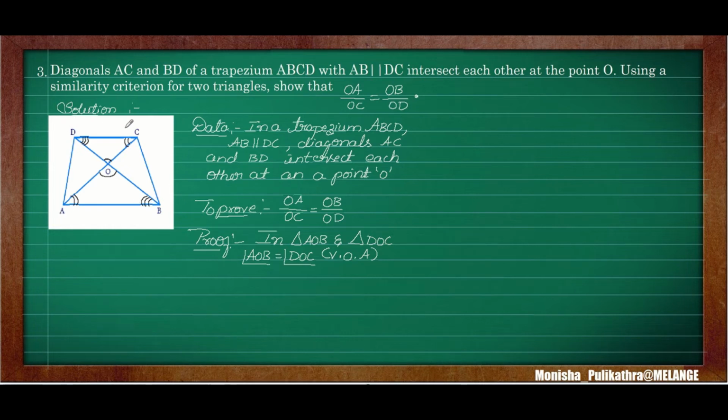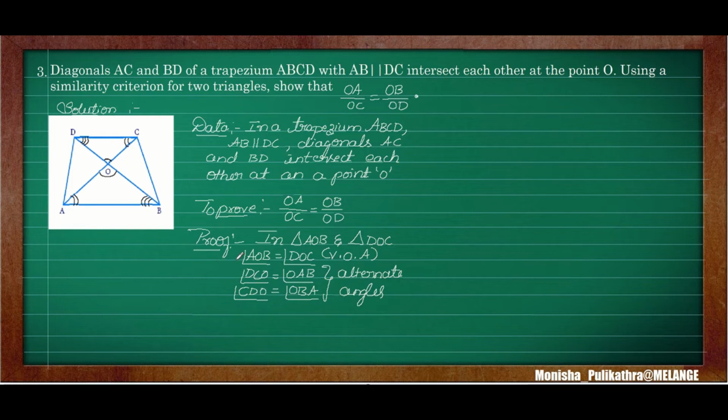DCO is equal to OAB. Again, taking the reverse form of Z, CDO is equal to OBA. Why are these equal? Because both are alternate angles.